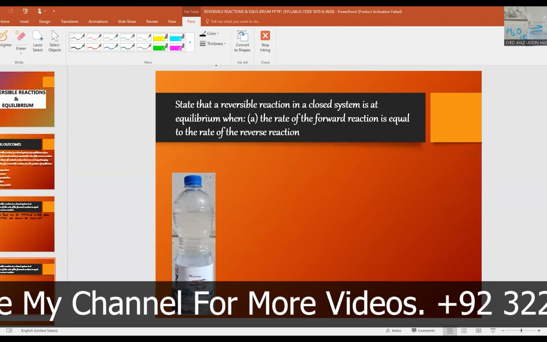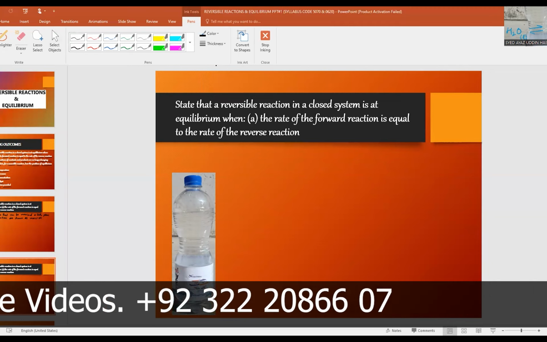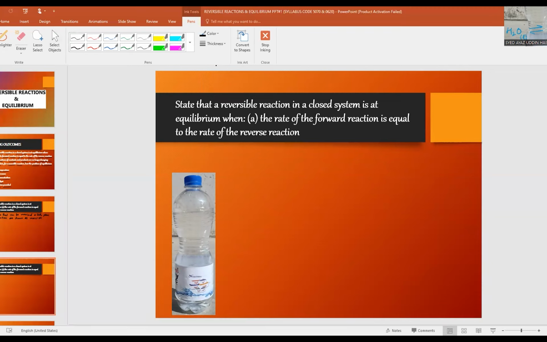Now I am going to talk about how a reversible reaction reaches dynamic equilibrium or equilibrium state. We all have experience of buying mineral or distilled water bottles like the one shown here. This distilled water, also known as battery water, is pure water and does not contain any impurities.